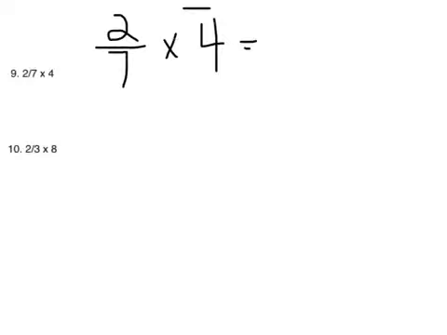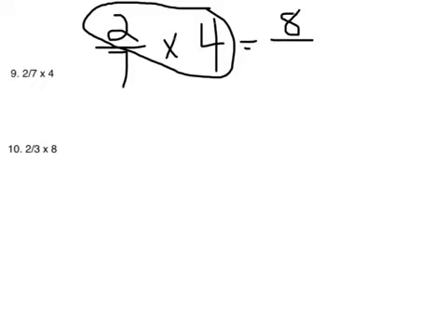If you notice a pattern here, you can just multiply the whole number by the numerator, and 2 times 4 is 8, and then you just keep your denominator 7, because under every whole number there's the number 1, so 7 times 1 is itself anyway. That's the identity property of multiplication. Anything times 1 is itself. So if you just multiply the numerator by the whole number, 2 times 4 is 8, your answer is going to be 8/7.